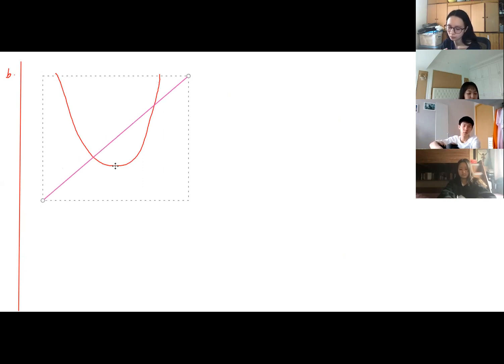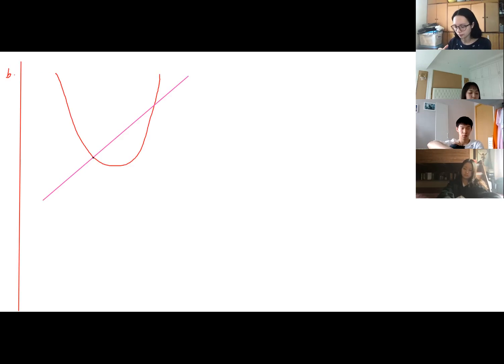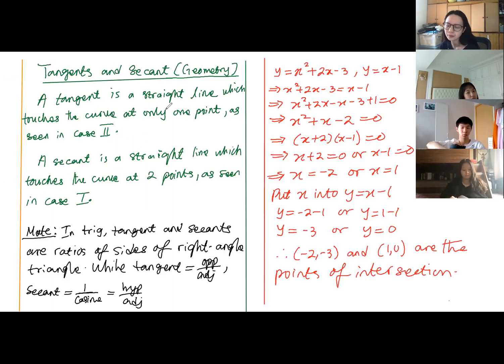So these points, we've calculated to be (-2, -3). Can you see that? And this point is (1, 0).